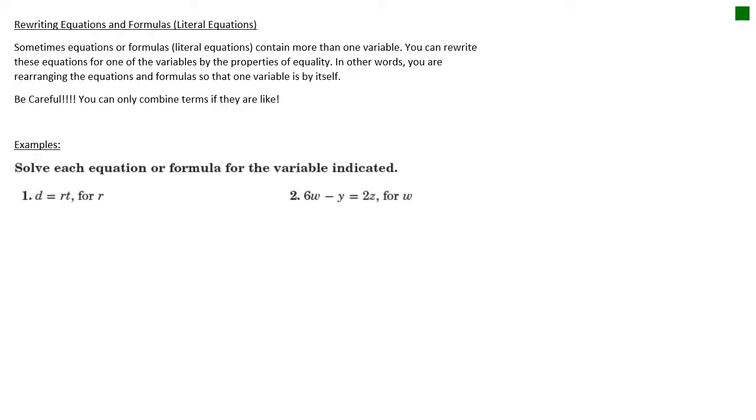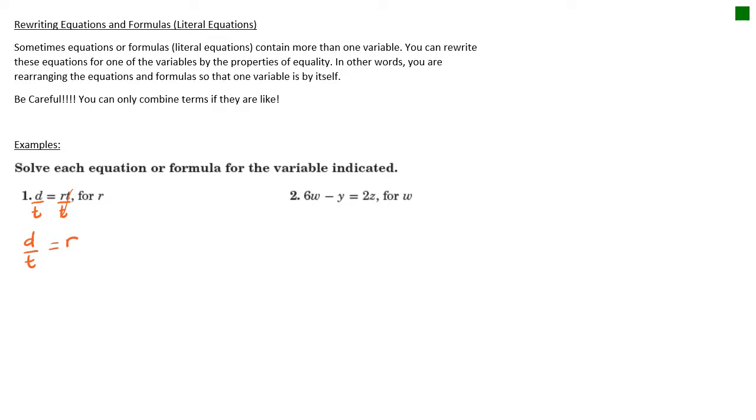If I want to move the time over to the other side, since it's r times t, I divide by t. Okay, so now those t's cancel out on this side, and I have rate equals distance divided by time. So now that formula is rearranged for another variable, and we call that solving for a specified variable.